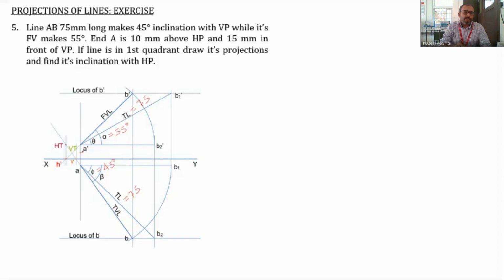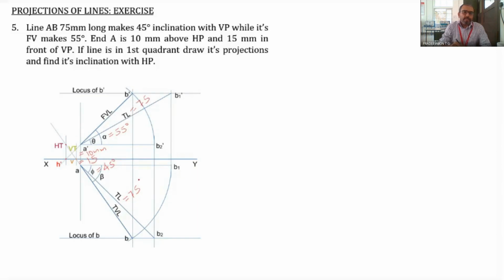So the distance of A dash from XY line is 10 mm, and the distance of A from XY line will be 15 millimeter.